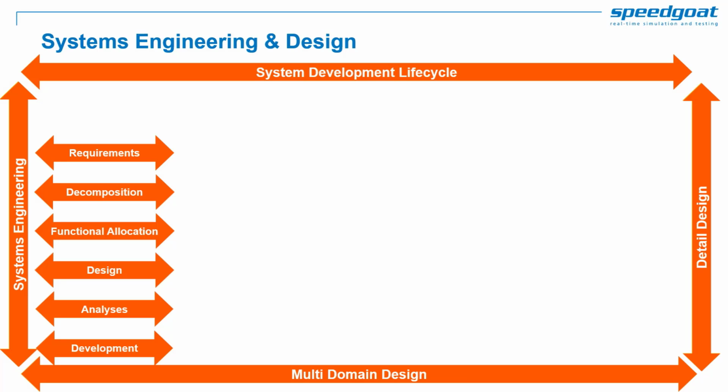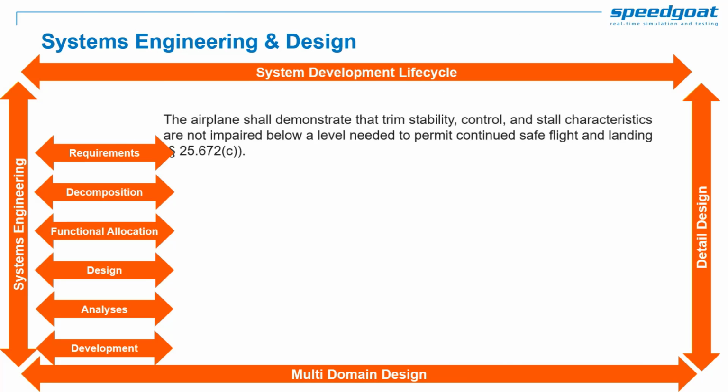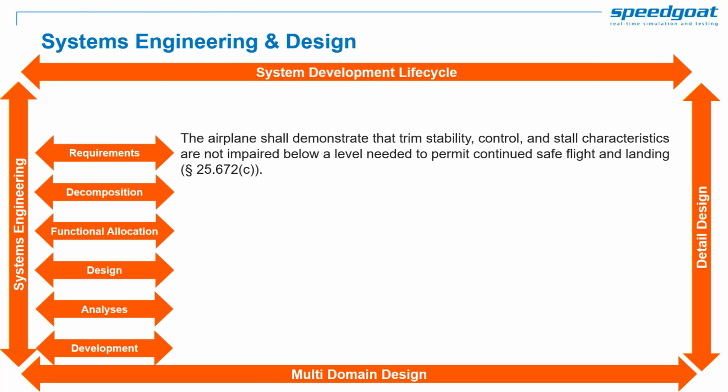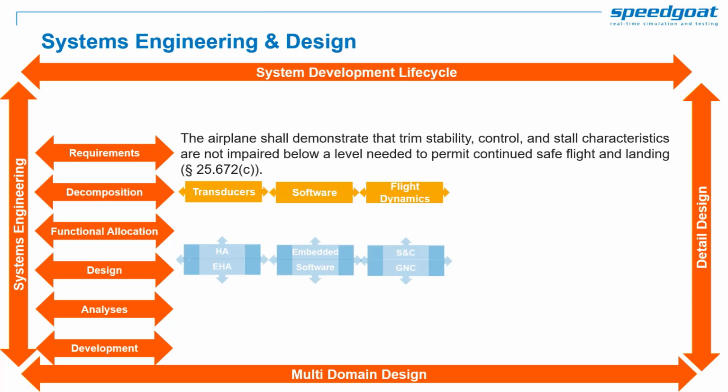Let's look at a very simple example of this requirement, which is suggesting that the airplane shall demonstrate trim stability, control, and stall characteristics are not impaired below a level needed to permit continued safe flight and landing. We might look at this requirement and determine that it's going to decompose into transducer, software, and flight dynamic functionalities that need to be addressed.